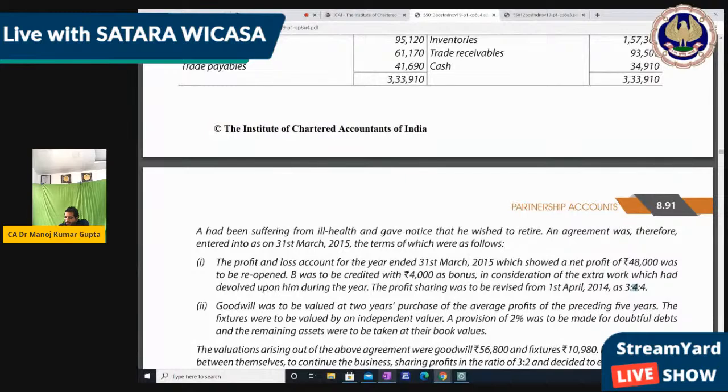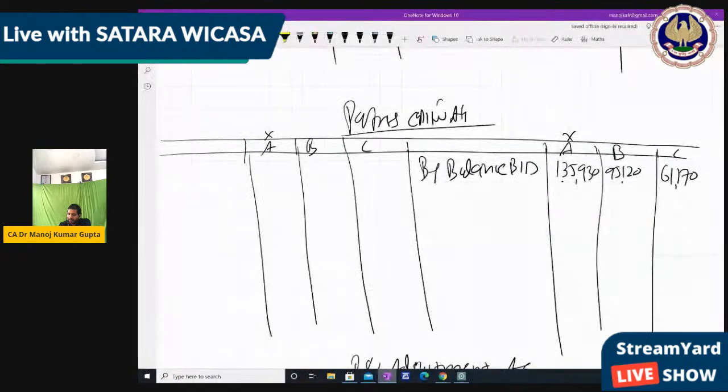Next adjustment, agreed to transfer the following, right? They reopen the profit and loss account of 31st March 2015, that is 48,000. So what should we do? We have to reopen, that means first we have to reverse the 48,000.